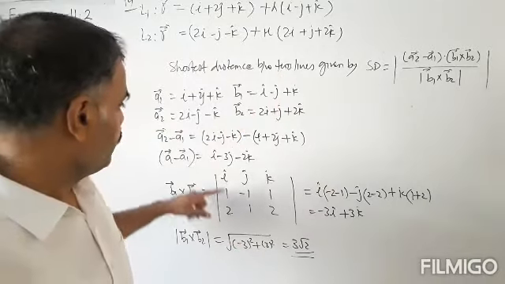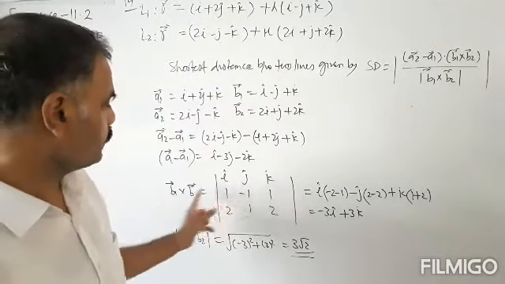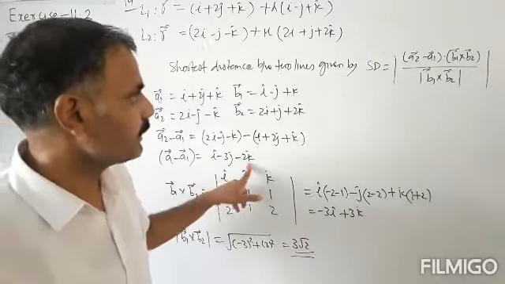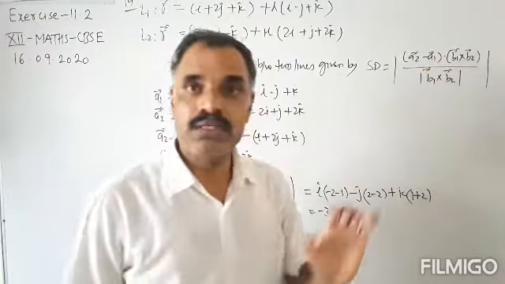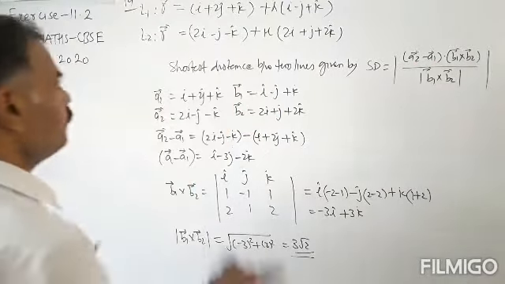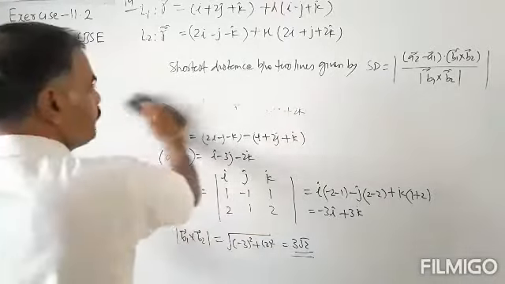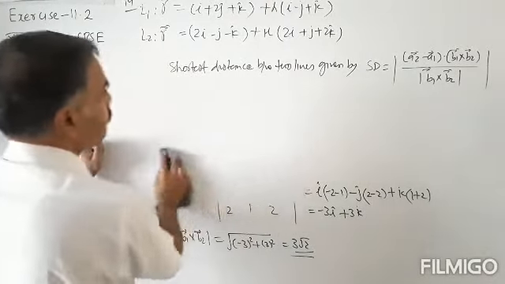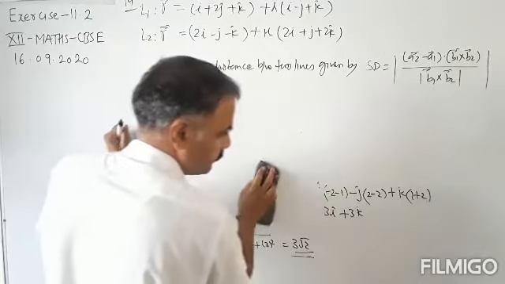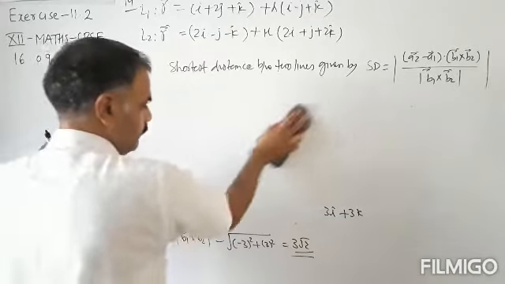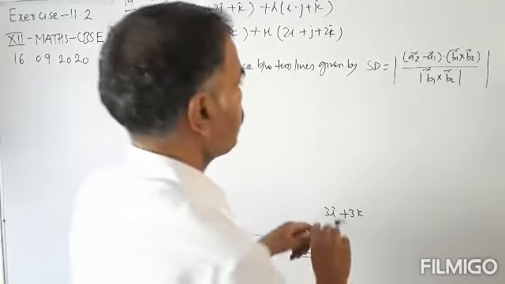So we have found the magnitude of b1 vector cross b2 vector, and a2 vector minus a1 vector. This is the requirement for the shortest distance. Okay, so now the shortest distance between two lines is given by, we will use these three values, that is a2 vector minus a1 vector.